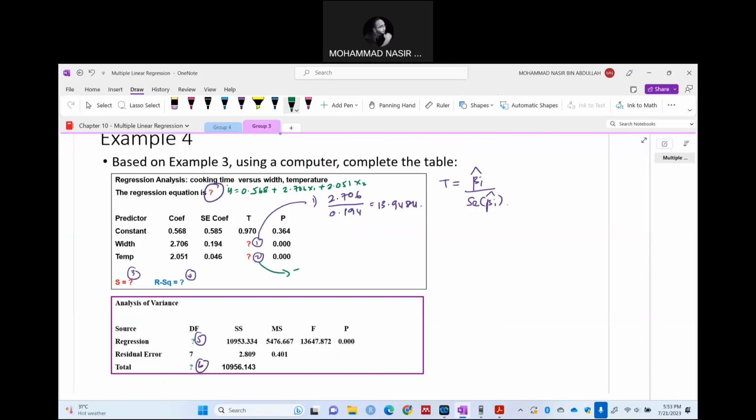So what is the value for temperature? 2.051 divided by 0.046. 44.535.